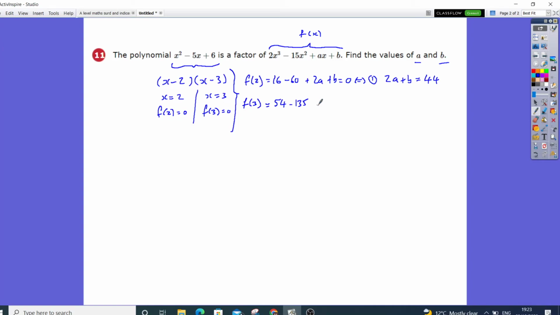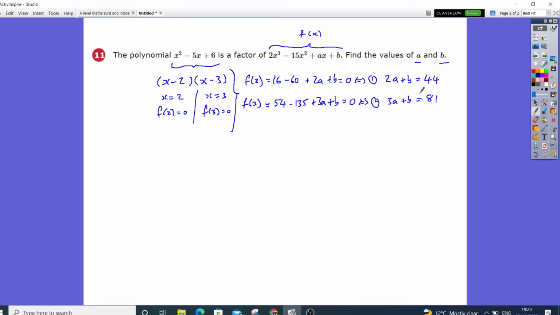I'll get 3a plus b. b remains the same as it's just a constant. Now I'll set up this equation 2, which I'm going to keep on this side, so that's going to stay as 3a plus b. And this time we've got 54 take away 135 is minus 81, take that to the other side, it becomes positive 81.